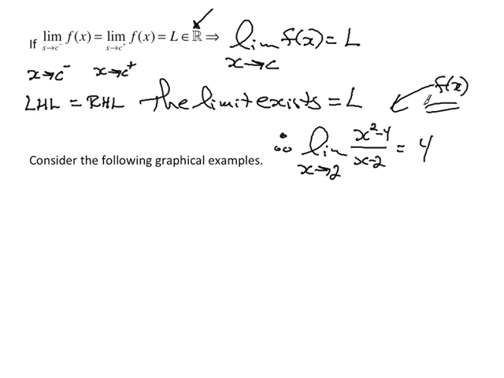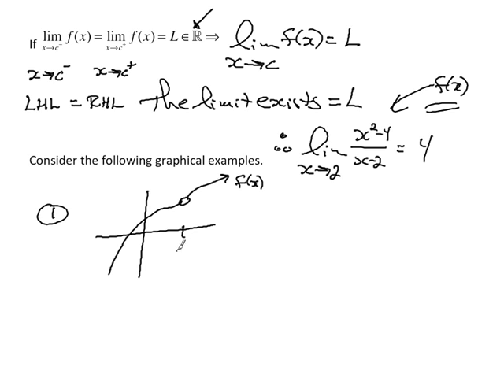So let's take a look at a couple of graphical examples here. So the first one, I have a function that looks like this. This is my f of x. And let's just say this is at 2.